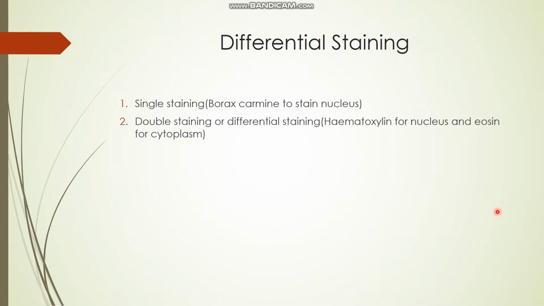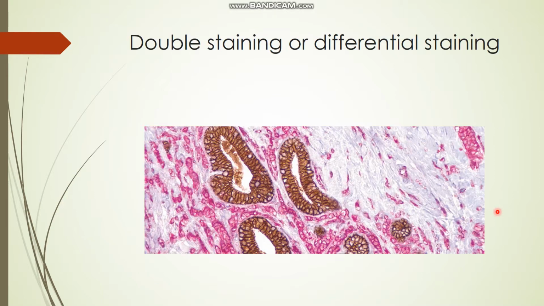For example, hematoxylin is used for the nucleus and eosin for the cytoplasm. So here you can see double staining and how it helps you to differentiate the structures. Here you can see that you can differentiate the parts of the cell. So it becomes easier for you to study the cells when you use two dyes, or double staining, or differential staining.